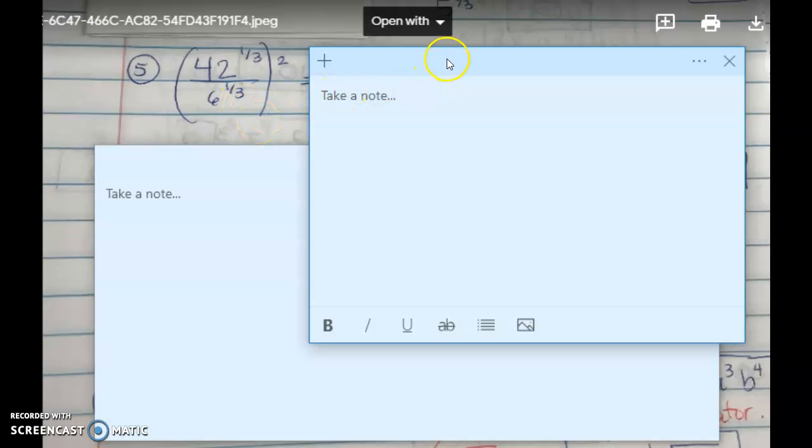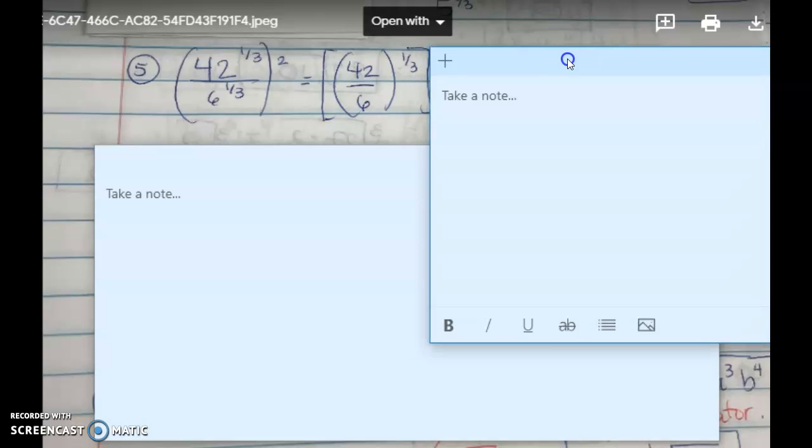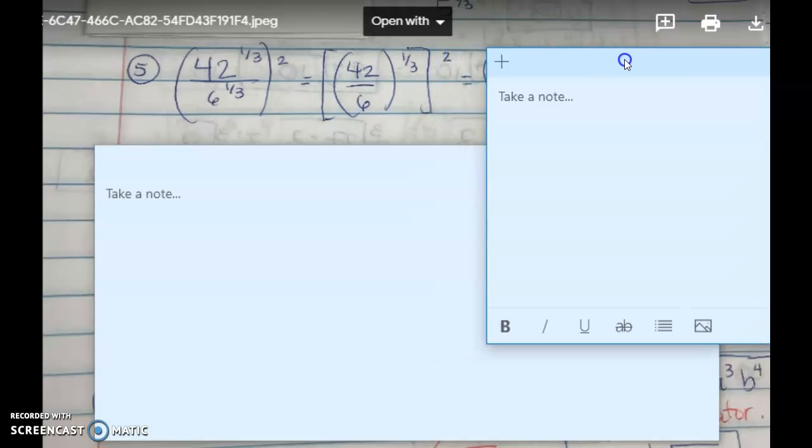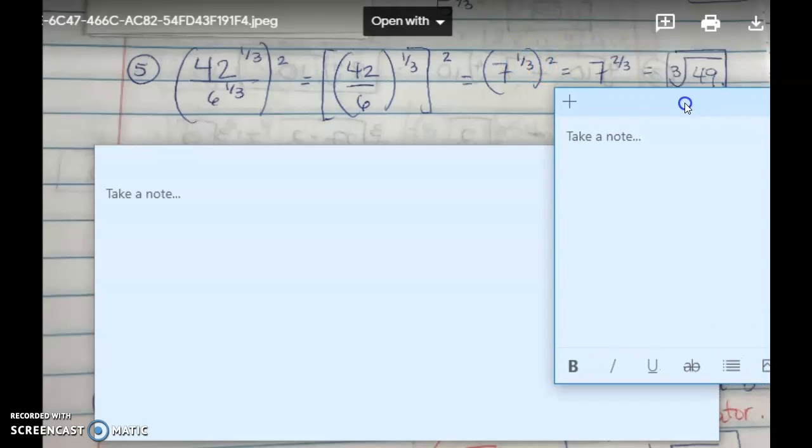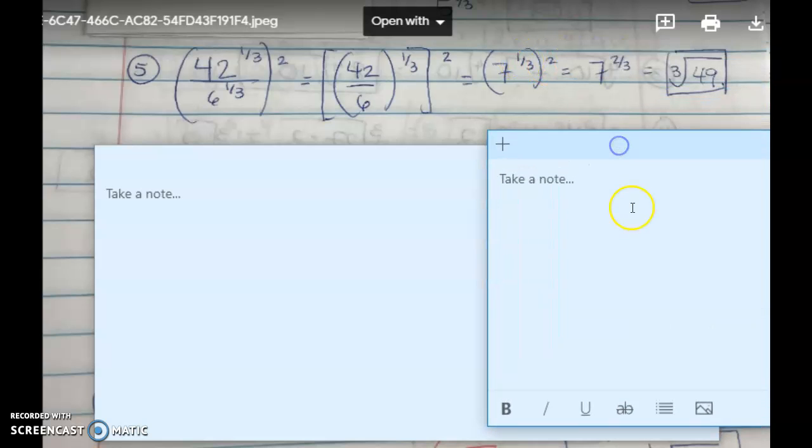So I could actually go ahead and divide 42 by 6 first, and then raise it to the 1/3. So that would look like this. 42 divided by 6 is 7. So now I have 7 to the 1/3 squared. When I multiply these two exponents using my rules, that becomes 7 to the 2/3, which is the same thing as the cube root of 49.